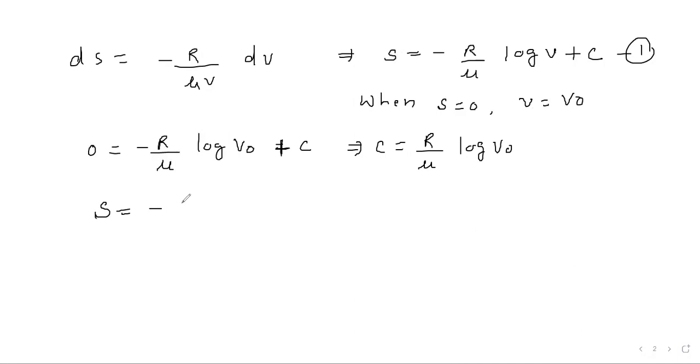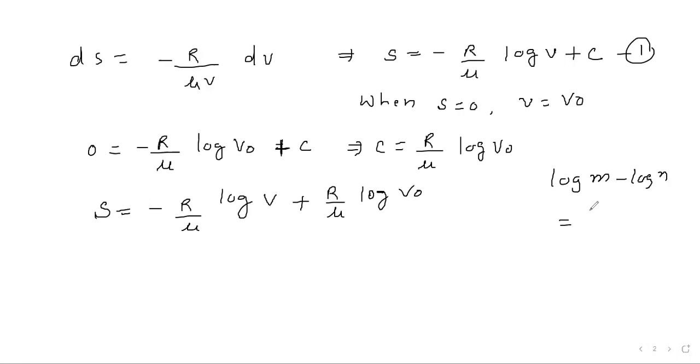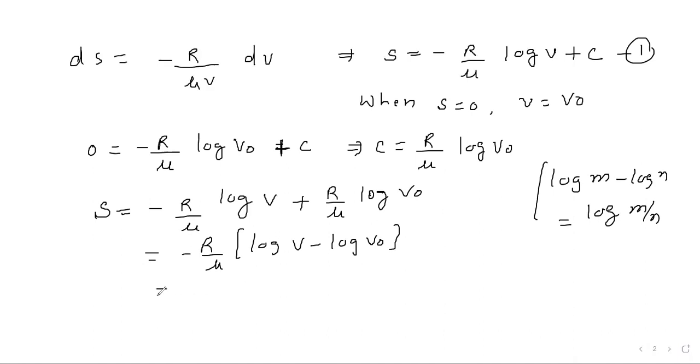So s equals minus R upon mu log V plus R upon mu log V0. Applying the property of log M minus log N equal to log M upon N, this will become s equals minus R upon mu log V upon V0.